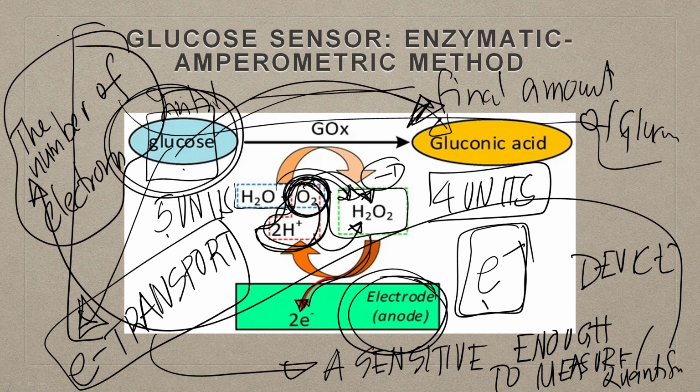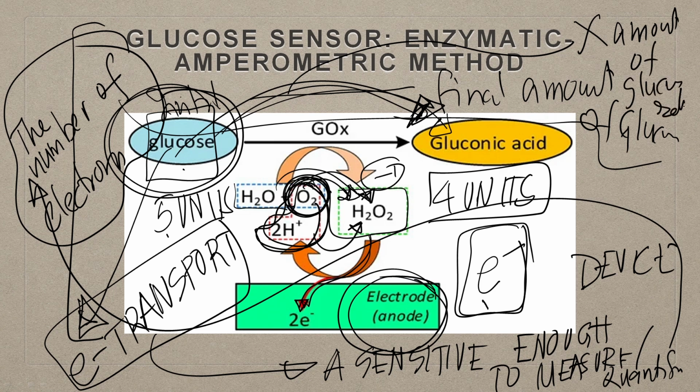Say, for example, this leads to X amount of glucose reduction. If you know the amount X and you know the current, then you can back calculate, because then you can put any unknown sample in, and based on the electron transfer, you can see how much glucose is present in the sample.